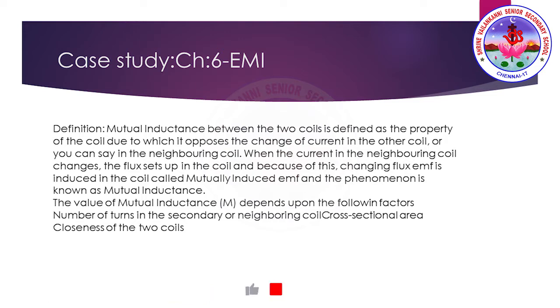So when the current in the neighboring coil changes the flux set up in the coil, and because of this changing flux EMF is induced in the coil, which is called mutually induced EMF, and this phenomenon is known as mutual inductance, right? So the value of a mutual inductance M depends upon the following factors, that is number of turns in the secondary coil or neighboring coil we can say, and the cross-sectional area of two coils, right?